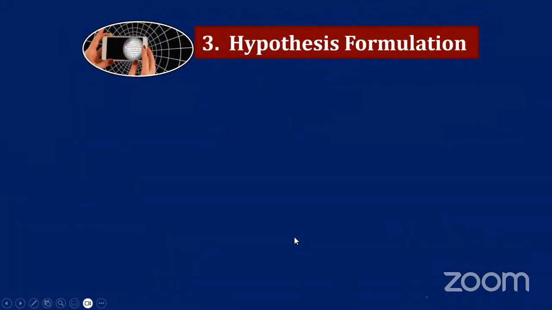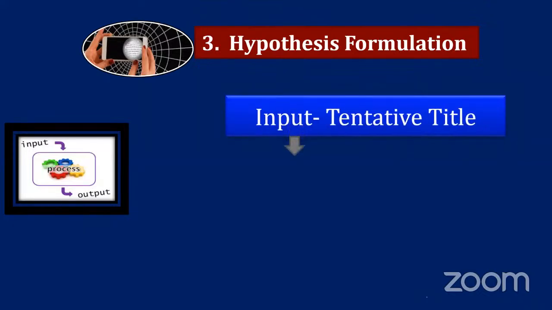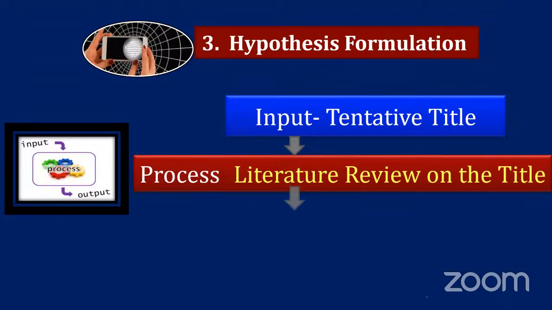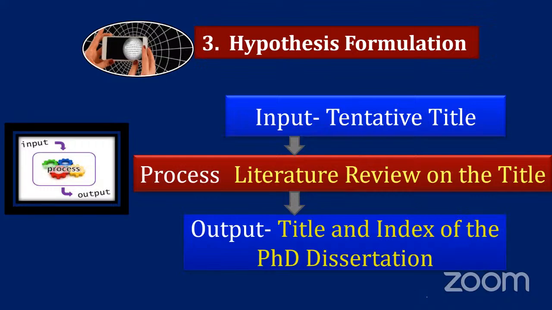After that, we move to hypothesis formulation. Under hypothesis formulation, we would like to see how the output from the earlier phase becomes input to this phase. We observe that the input to the hypothesis formulation phase is the tentative title which we got from our second stage.